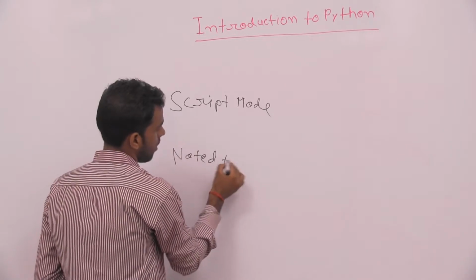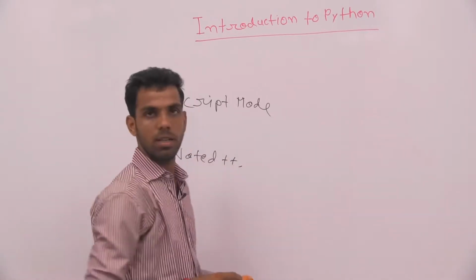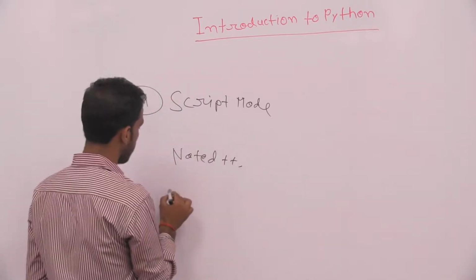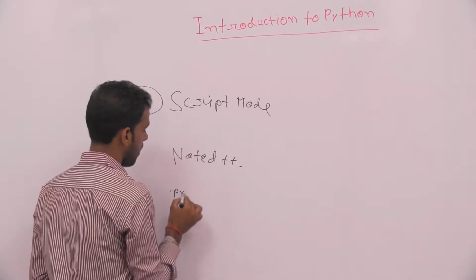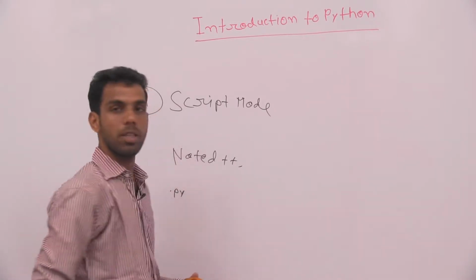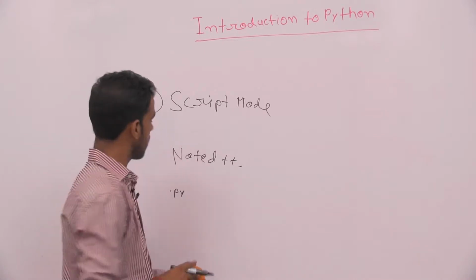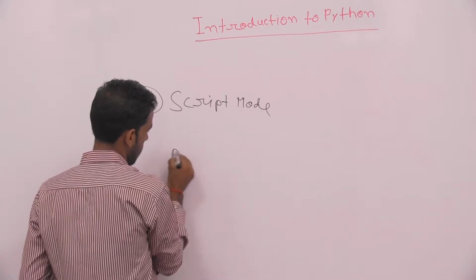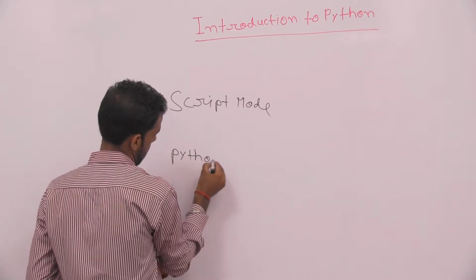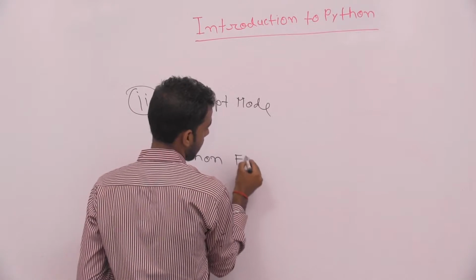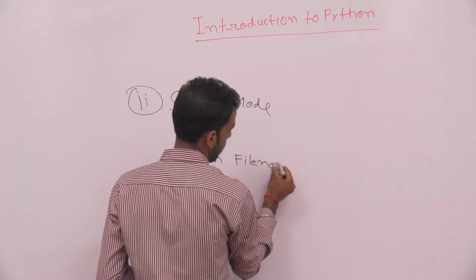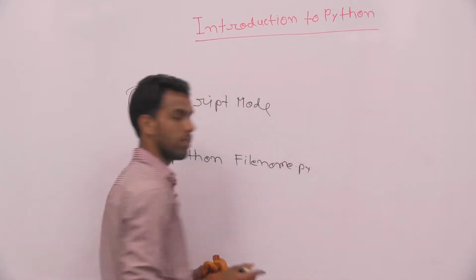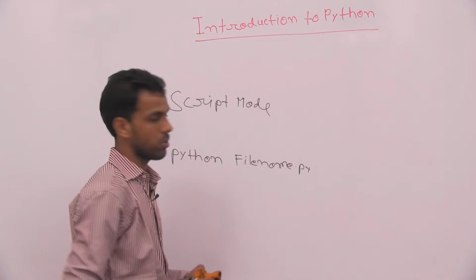We write the Python program code in the editor and save the file with the .py extension. After saving the file, we open the command prompt and write the command python and the file name .py, and after writing this we press enter and we will get the outputs.